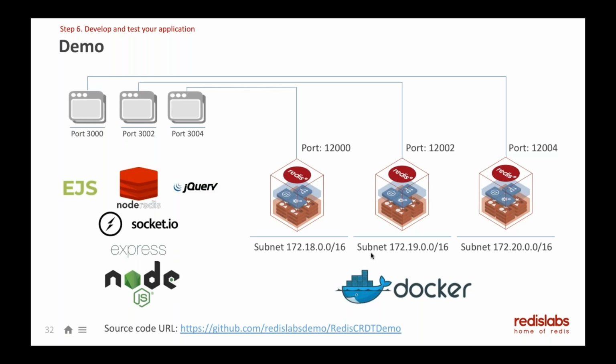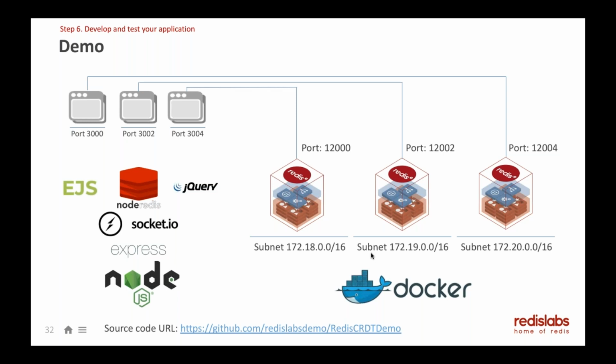Does it support on top Redis data type, RedisJSON or Bloom filter? Okay, the question here is, does active-active support some of the Redis modules like RedisJSON or Bloom filter? Right now, we don't have that support.